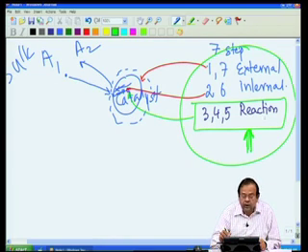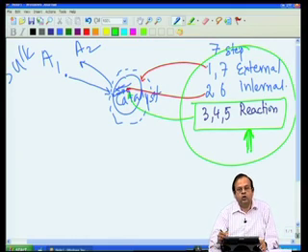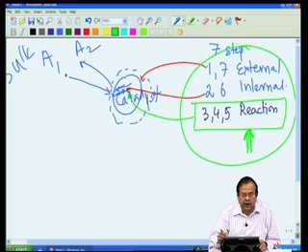If the reaction is the slowest step compared to the diffusion, then we say that this reaction is kinetically controlled. On the other hand, if the external mass transfer is the slowest, we say it is external mass transfer control. Similarly, internal mass transfer control, if internal mass transfer is the slowest step in the reaction.